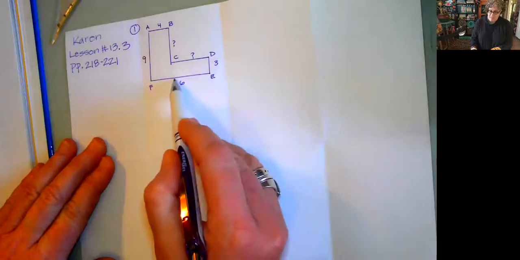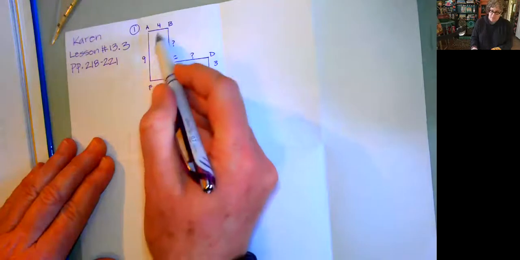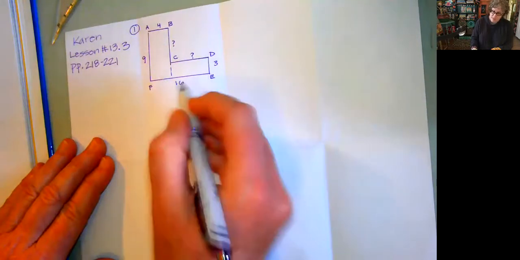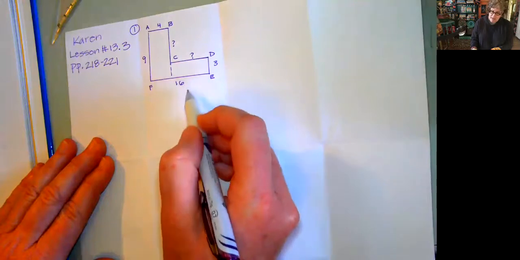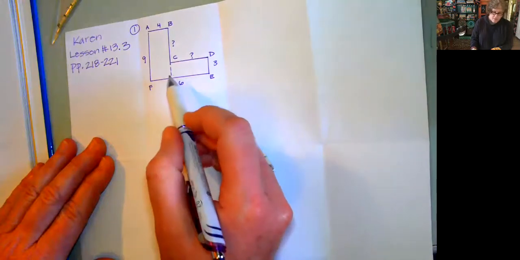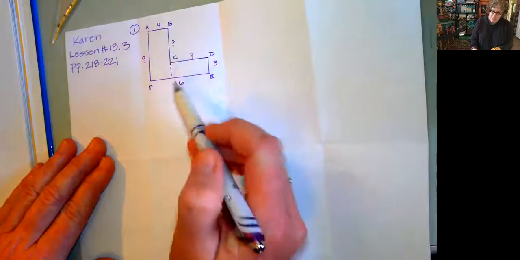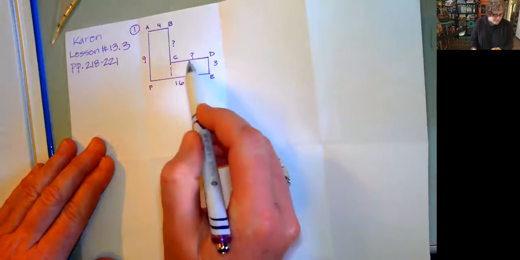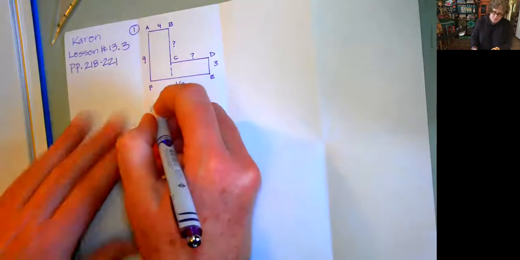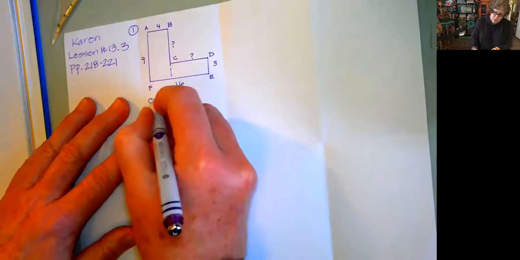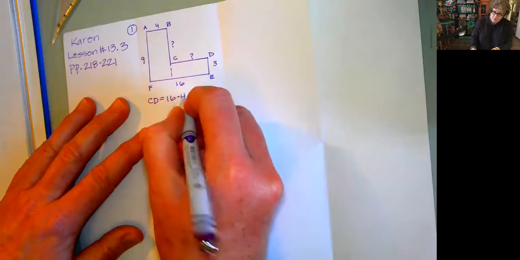And if this is 16 and this length is 4 and this is the whole thing, the total 16, we can take 16 minus 4, and that's going to tell us CD. Okay. So we're going to say CD equals 16 minus 4.